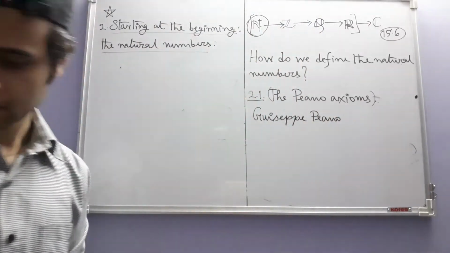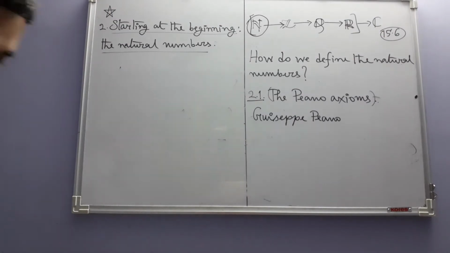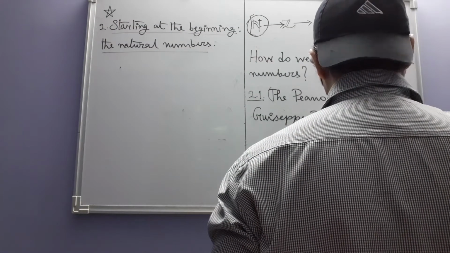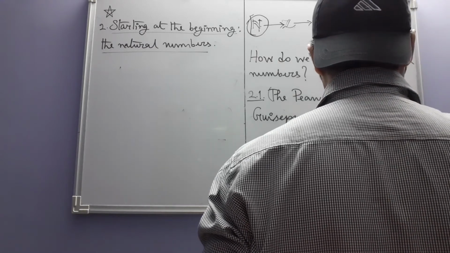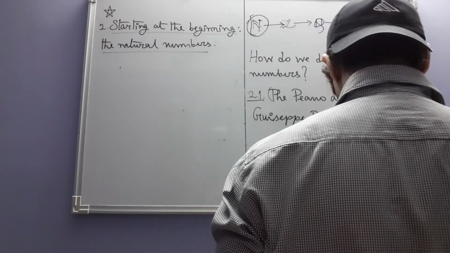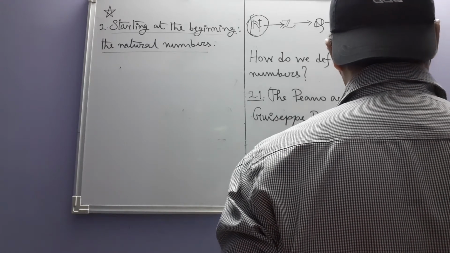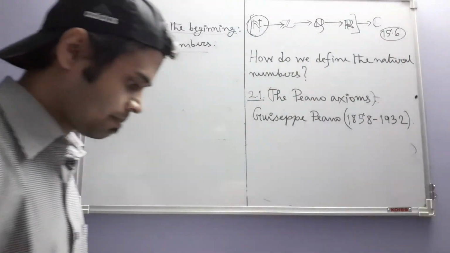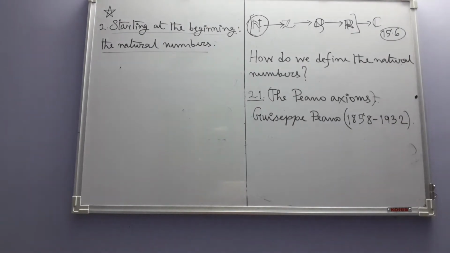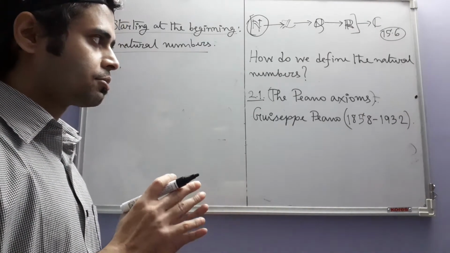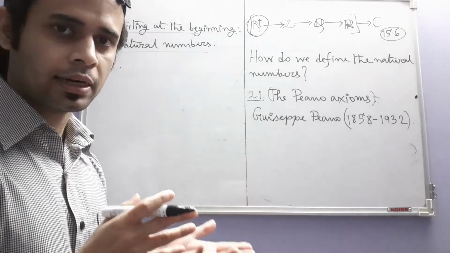Let me just write the dates, the time period in which he lived. Giuseppe Peano. Now, these Peano axioms are just one way of defining the natural numbers.